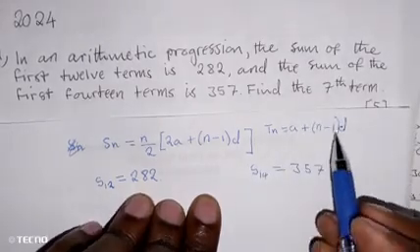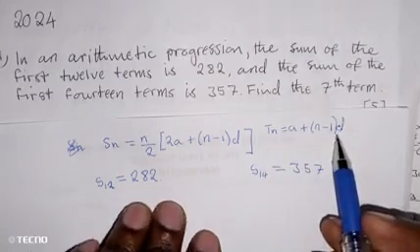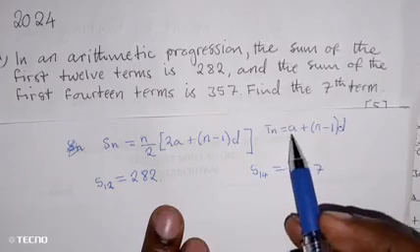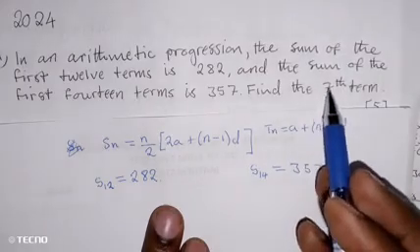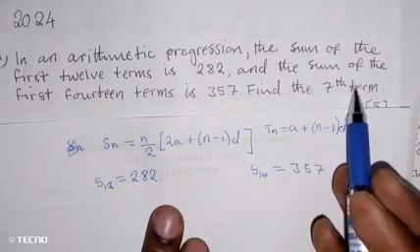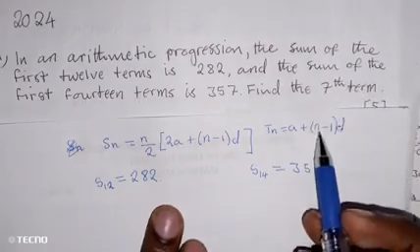Here we don't have the common difference and we don't have the first term; we only have the value of n.